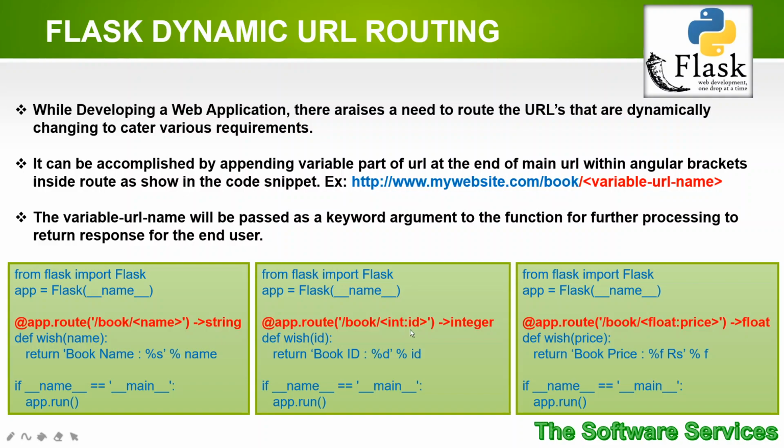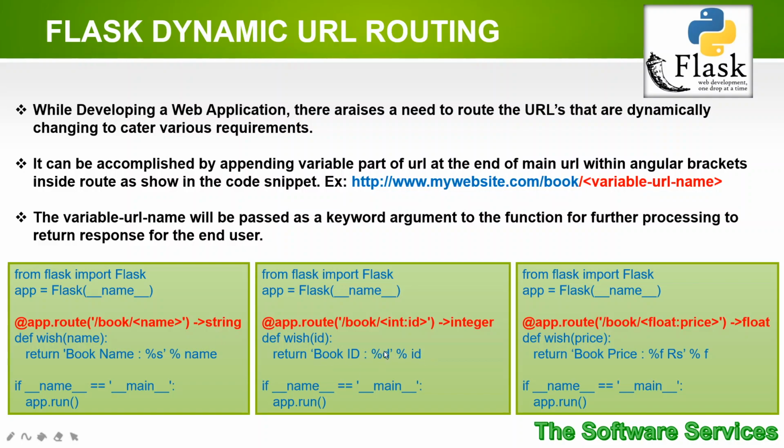So this id is the name and int is the data type, and this id internally will be supplied to the function as a keyword argument, right? And rest of the processing is same. This function will do its own processing and return the HTML response like this.